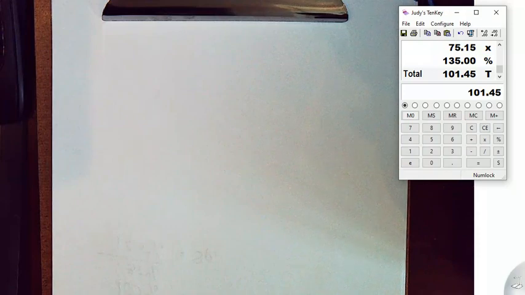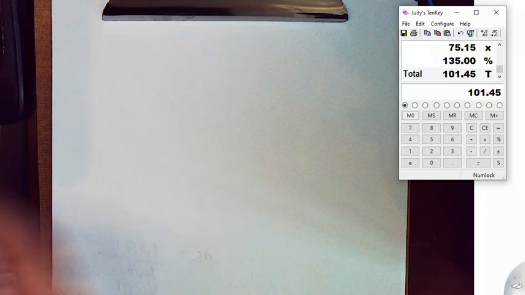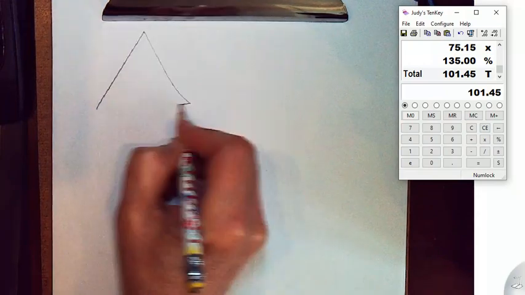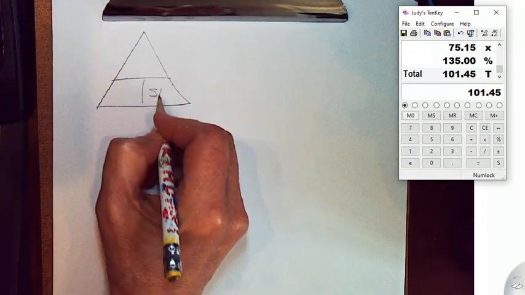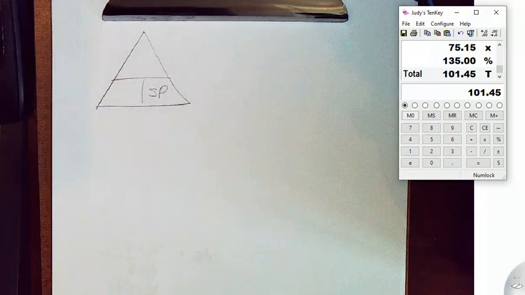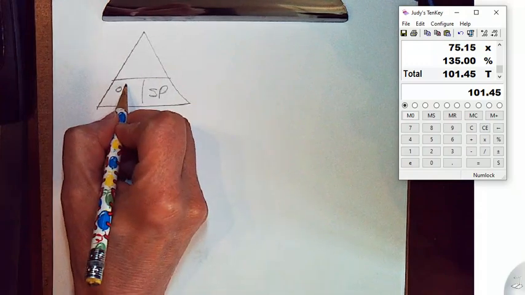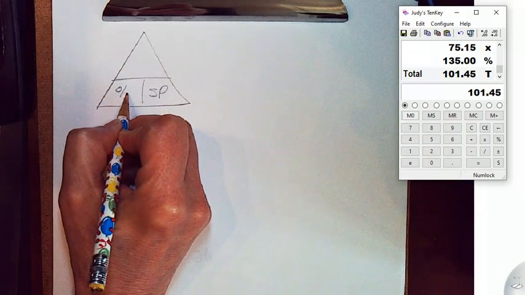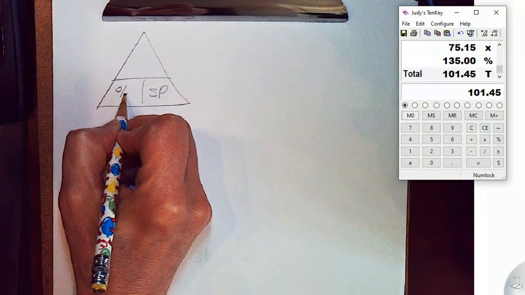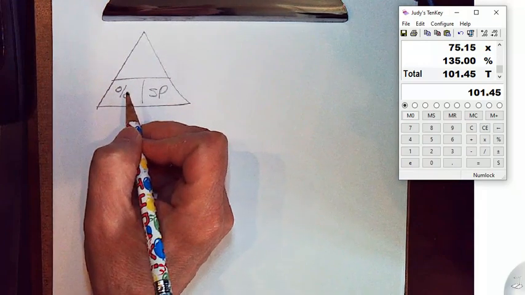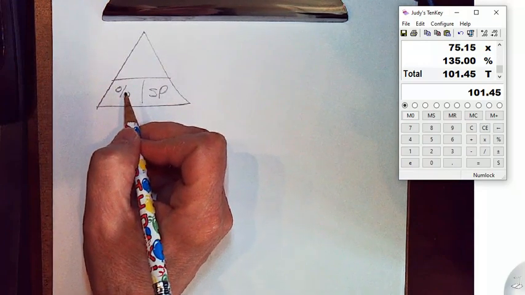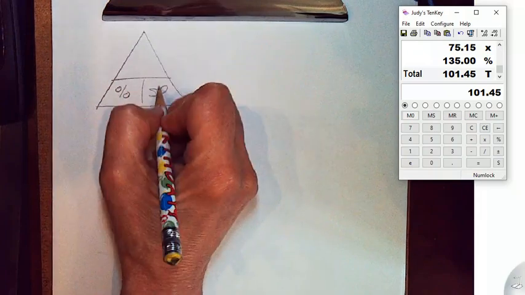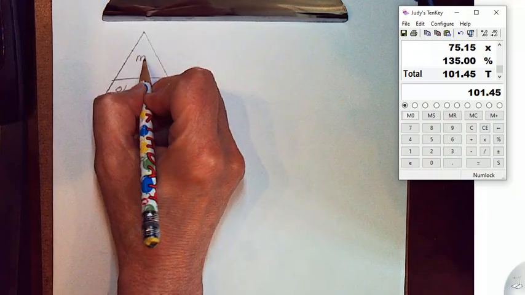So some will do it, I'm on page 140, markup based on selling price. So when you do your triangle, selling price is at the bottom, and then our rate is here. Rate always goes here. And then we'll find our markup.